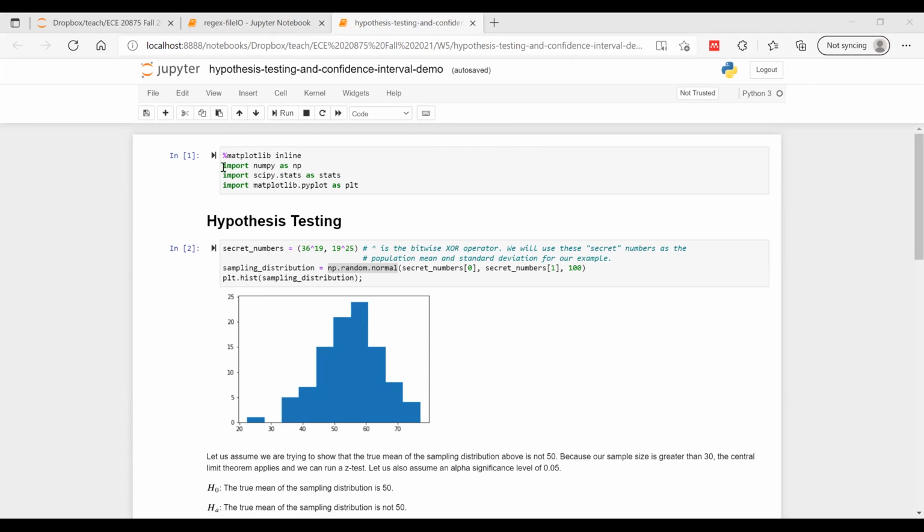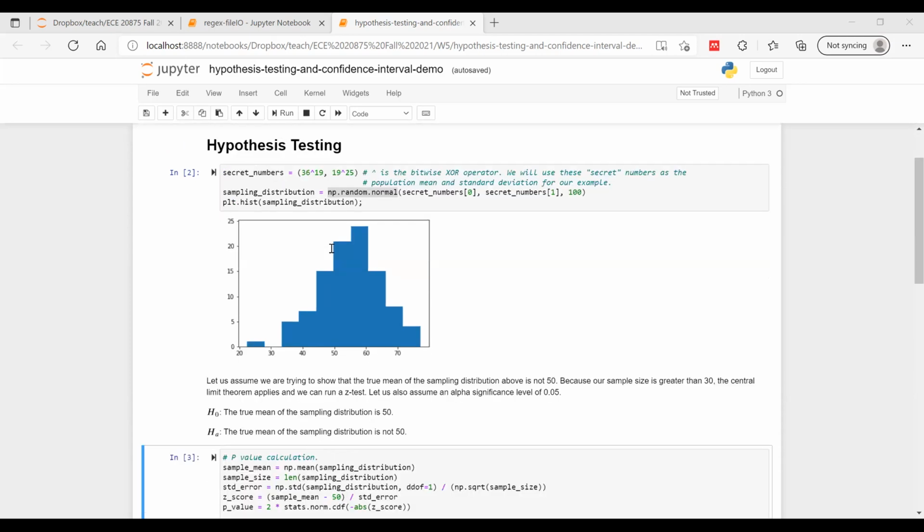So again, we start with our familiar NumPy. We import NumPy, then we import another SciPy statistics package, then matplotlib for plotting purposes.